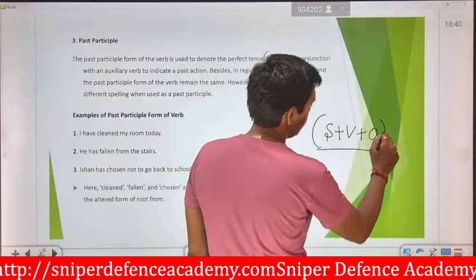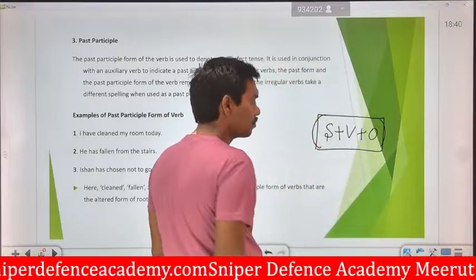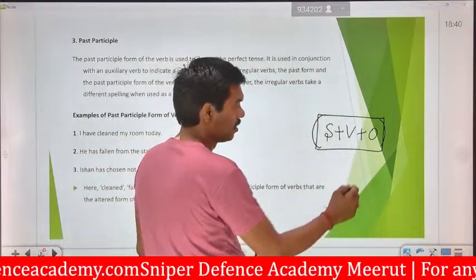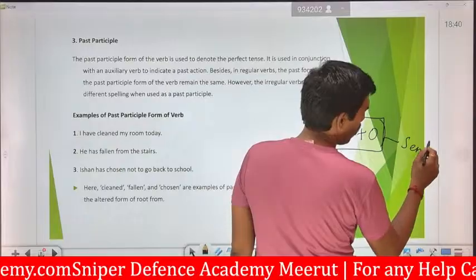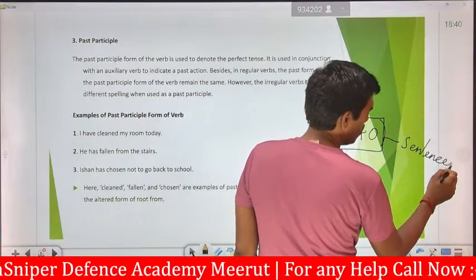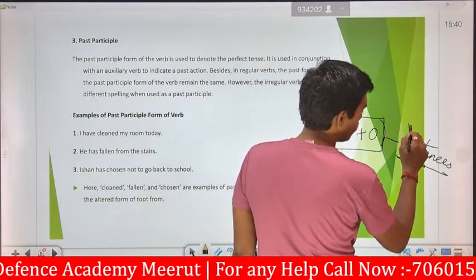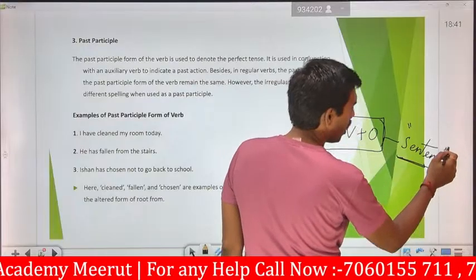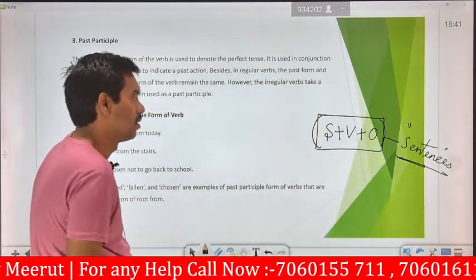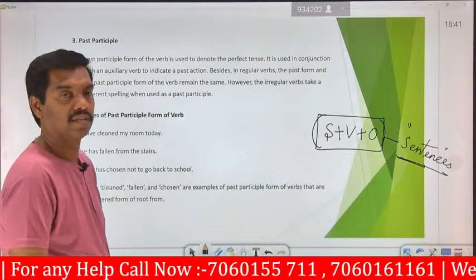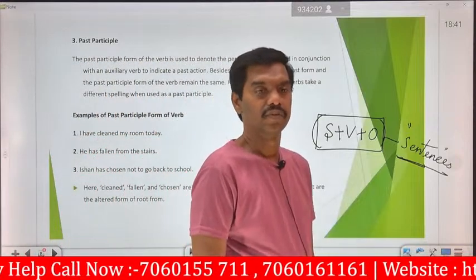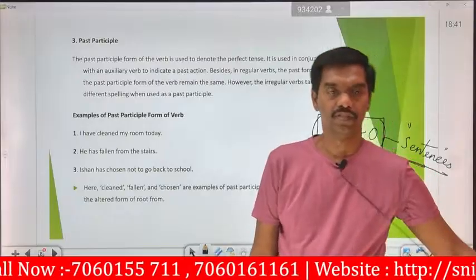This is the main thing if you want to form sentences. So you should know how to identify the subject, verb and object.